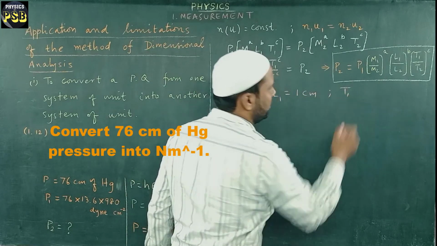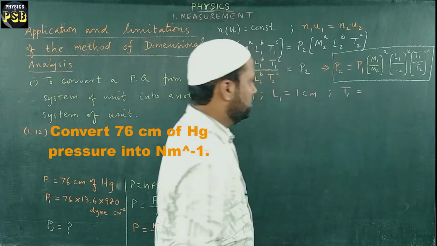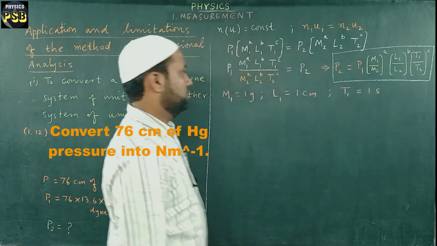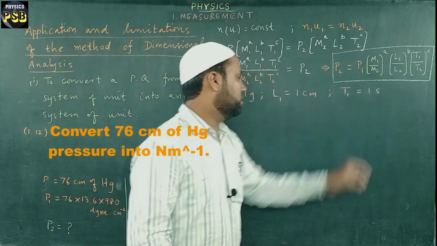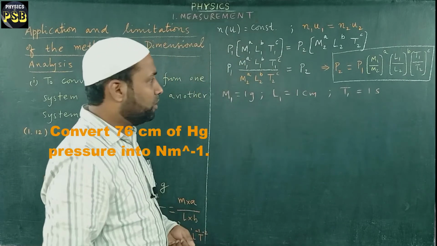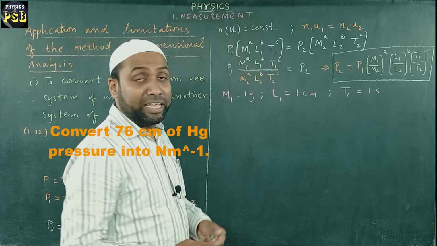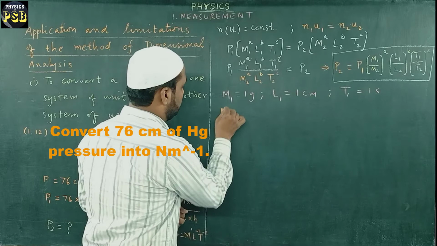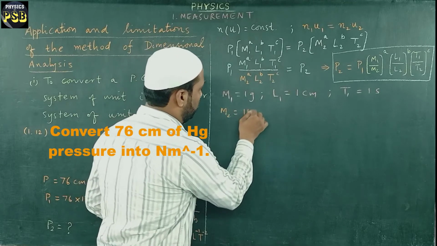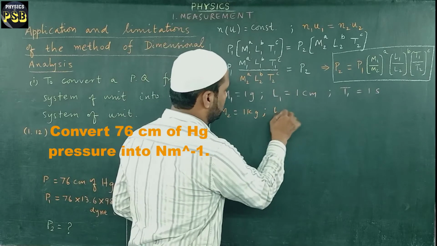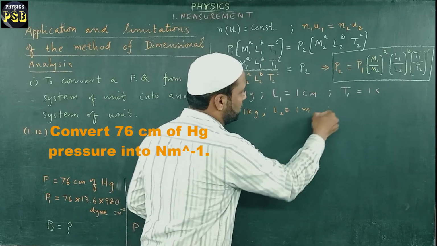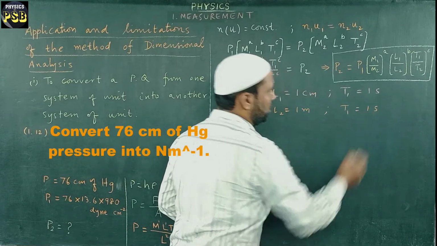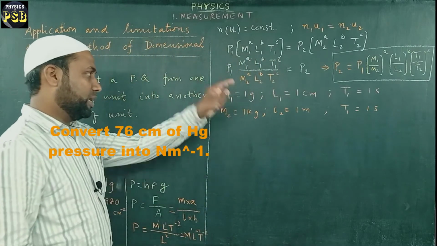And time is 1 second, the unit of time in the CGS system. Then the units of mass, length and time in the SI system are taken as: M2 is 1 kilogram, L2 is 1 meter, and time is measured in second in both cases.